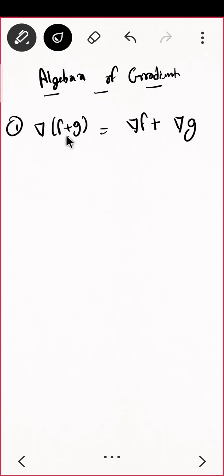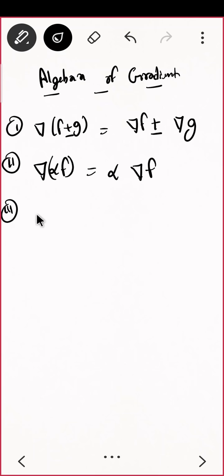That means first one would be del of f plus g is equal to del f plus del g. Same, अगर plus की जगह minus रखा तो यहाँ पे minus आएगा. What is second? Del of alpha f, that is equal to alpha del of f.